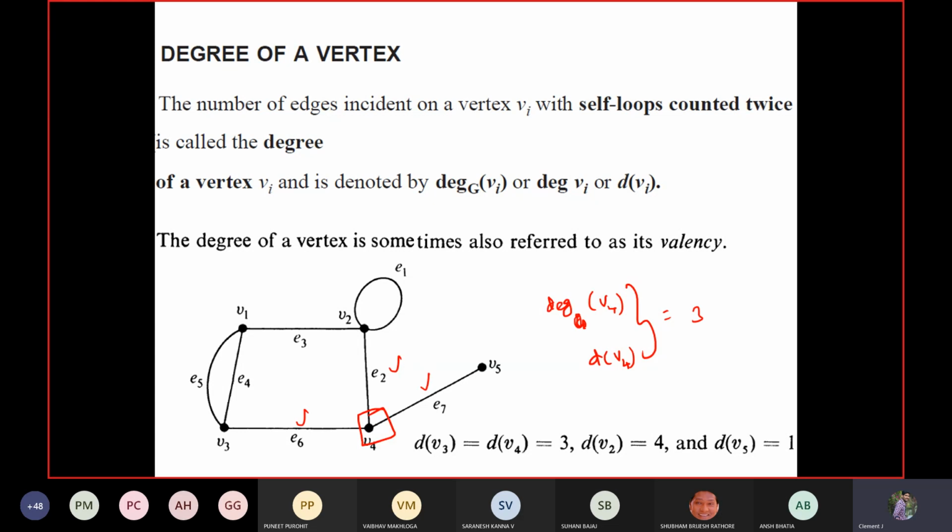It is also called valency. In chemistry they call this term valency, because the degree concept is used there in separate branches, namely spectral graph theory and chemical graph theory. In that subject, you can just Google it and you will find the applications under valency. There they apply this graph theory term. Valency means degree.